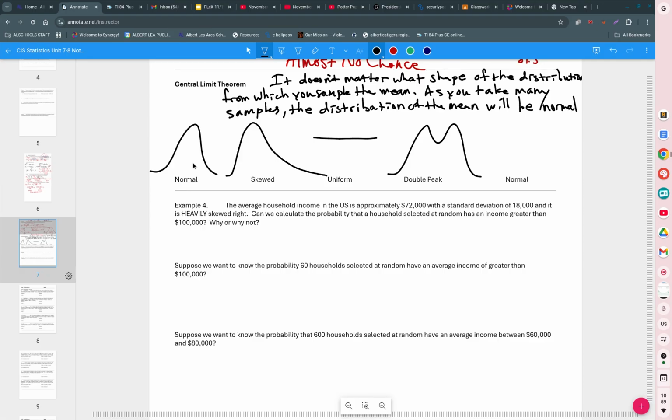And so what that tells us is if we have a distribution from which we're pulling a sample, it doesn't matter whether it's normal, skewed, uniform, or double peaked, when we look at the distribution of the mean, it will become normal again. And that's really good news for us.